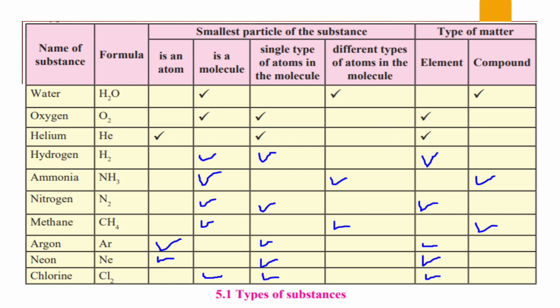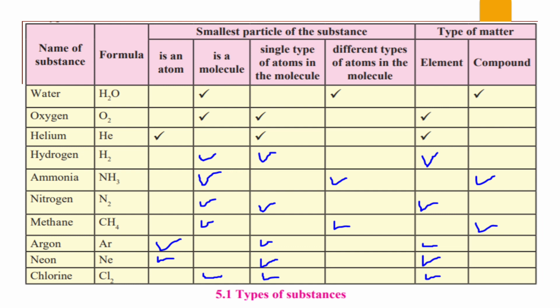Now, next is oxygen. The formula for oxygen is O2. Here you can see only O, a single type of atom is involved. The two atoms of oxygen are combining, hence it is a molecule. But in this molecule, only a similar or single type of atom is present, and that is oxygen. Can you find any different atom like in water over here?